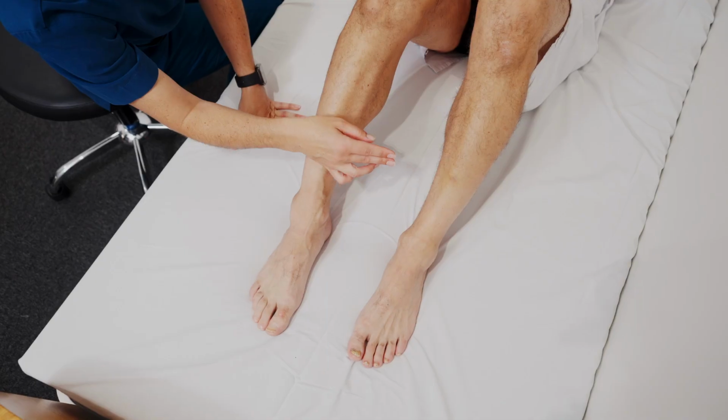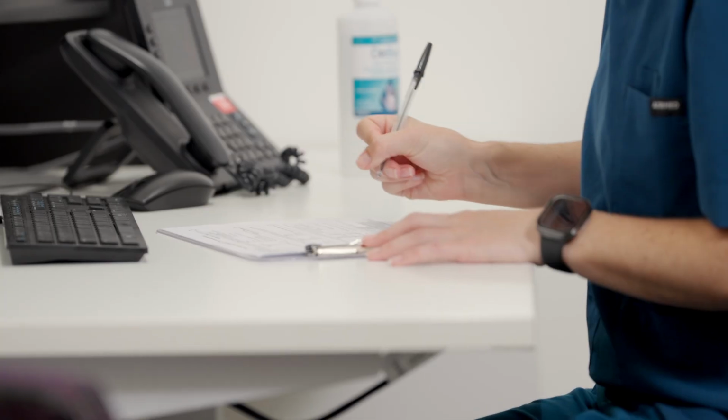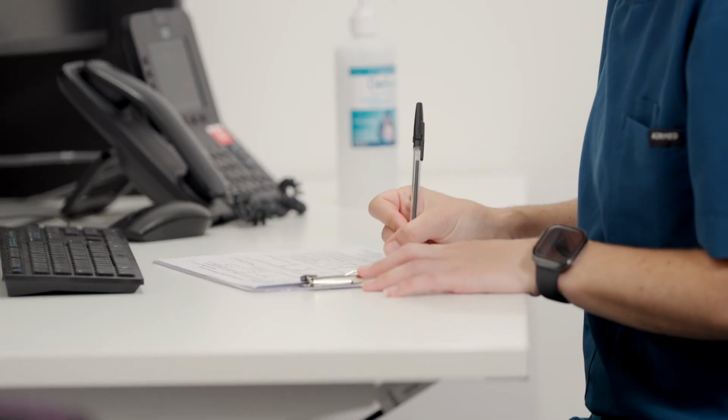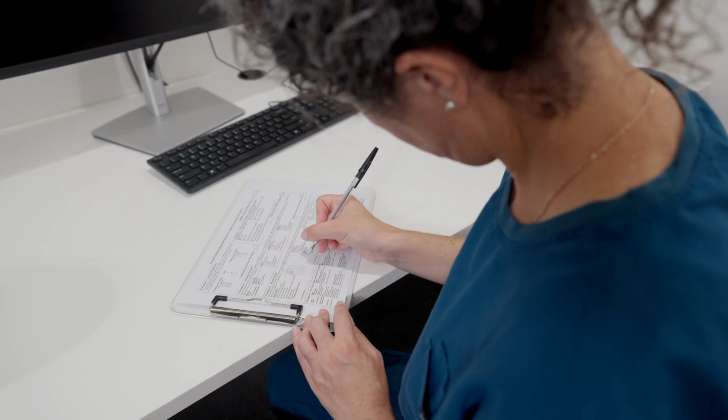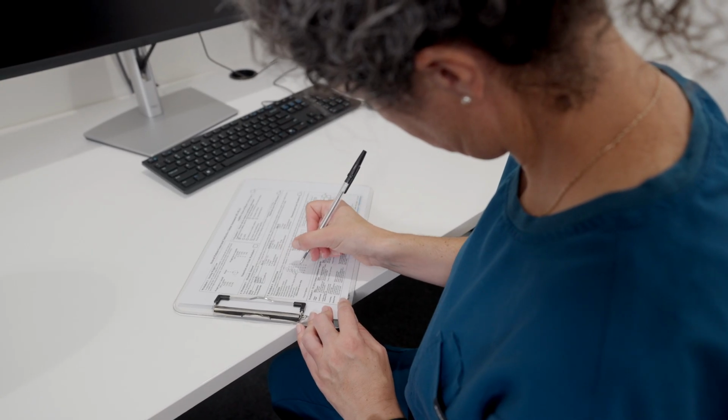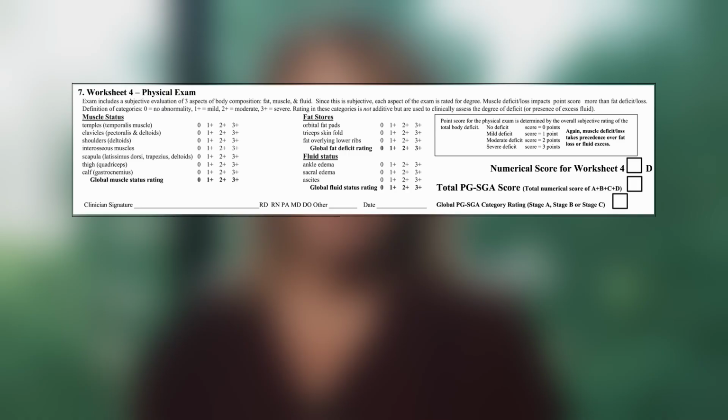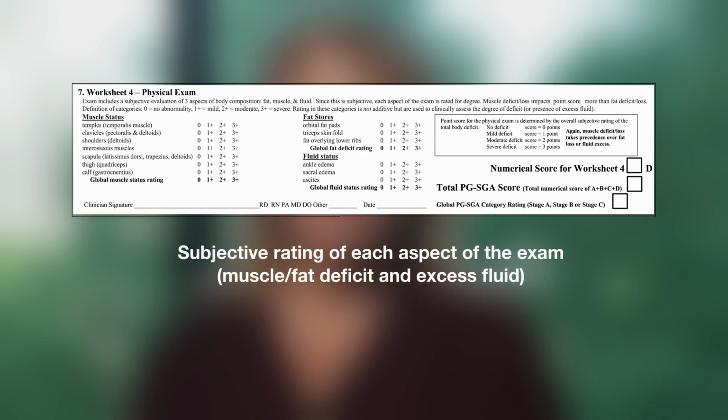It's important to note that findings from multiple sites are used to assign one overall subjective rating of total body deficit. Individual sites are not scored or added together. Each aspect of the exam is rated for degree, that is 0, 1+, 2+, or 3+.